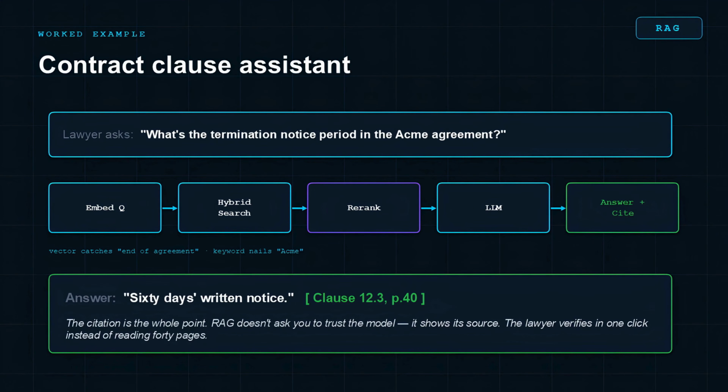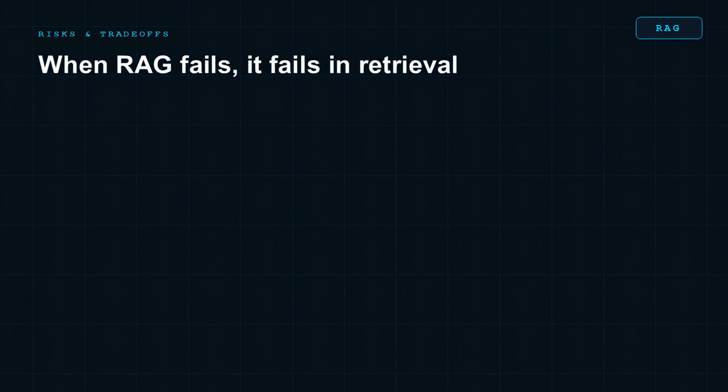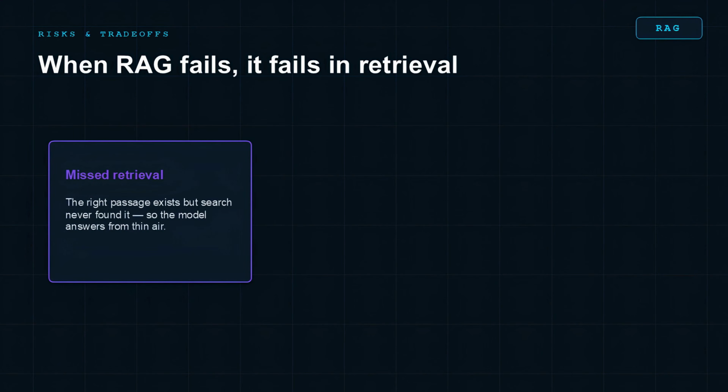That citation is the whole point. RAG doesn't ask you to trust the model, it shows its source. Where does RAG go wrong? Almost always in retrieval, not generation. Missed retrieval. The right passage exists, but search didn't find it, so the model answers from thin air.